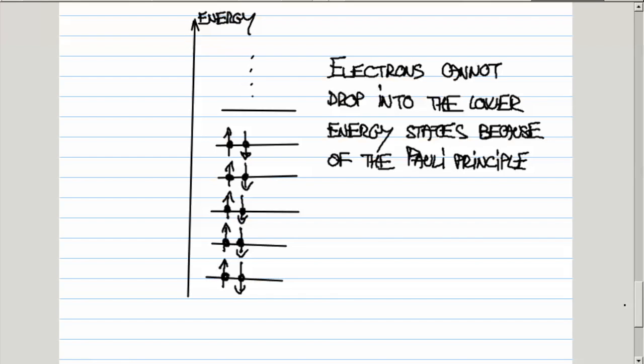Why is that so? Well, for me to get burned, the gas would have to transfer some of its energy onto me. But it can't lose the energy, because if it were to lose the energy, these electrons in the highest energy state would have to drop down to the lower energy levels. But they have nowhere to go. So I'm safe to touch the degenerate electron gas because, again, of the Pauli principle. No energy can be transferred from it to me.